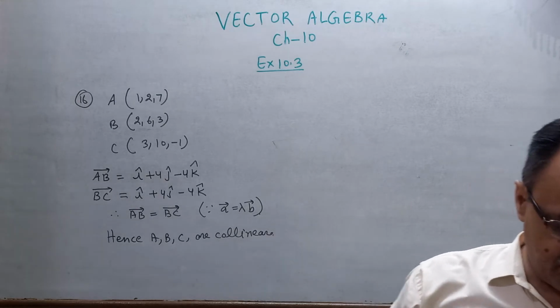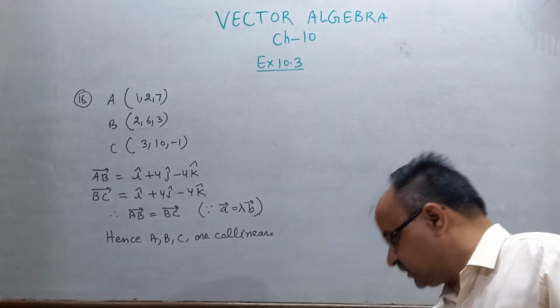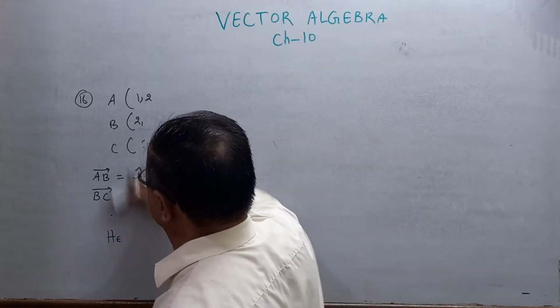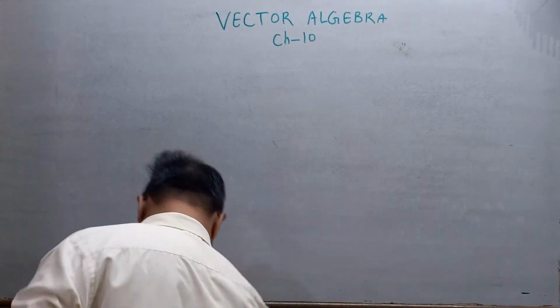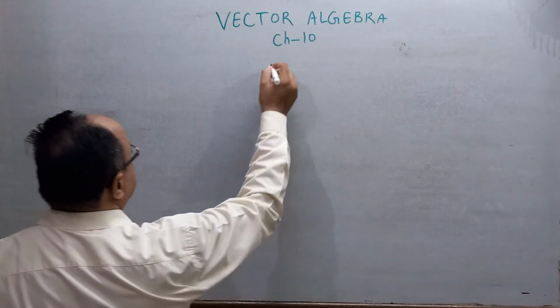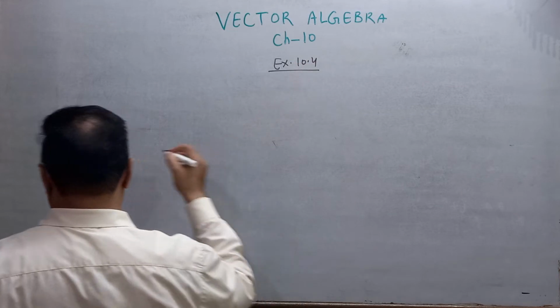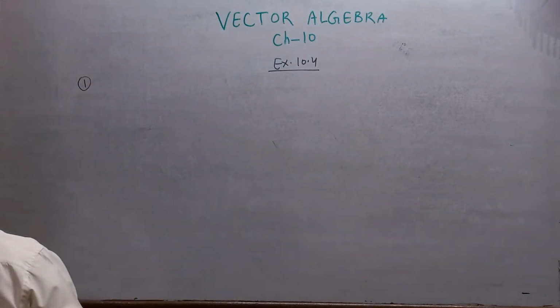Now, vector product of two vectors. Exercise 10.4, question number 1.